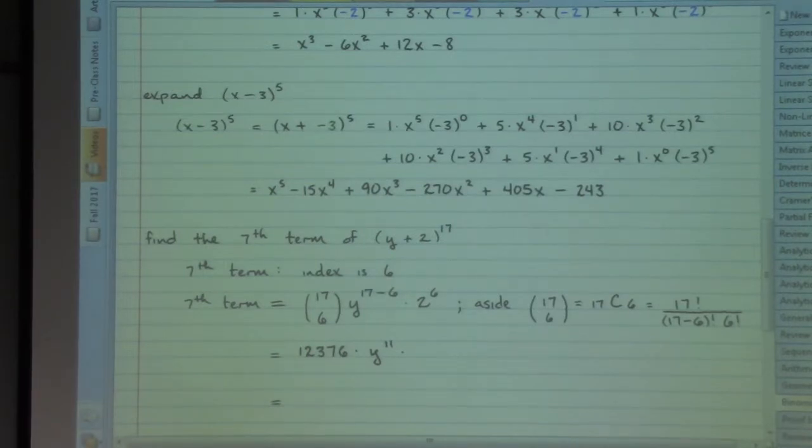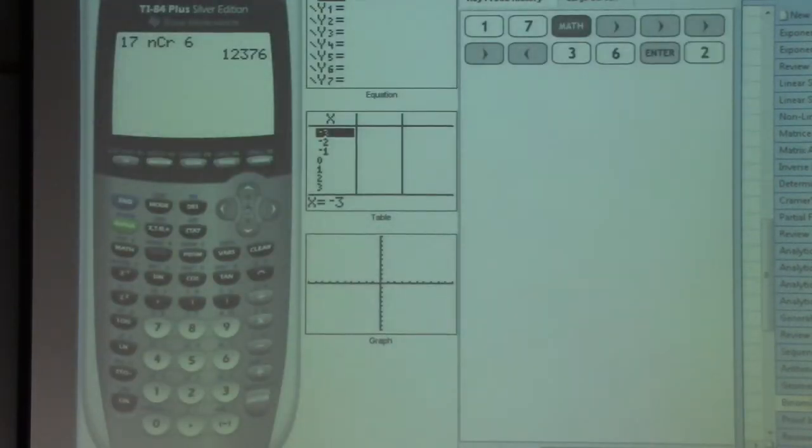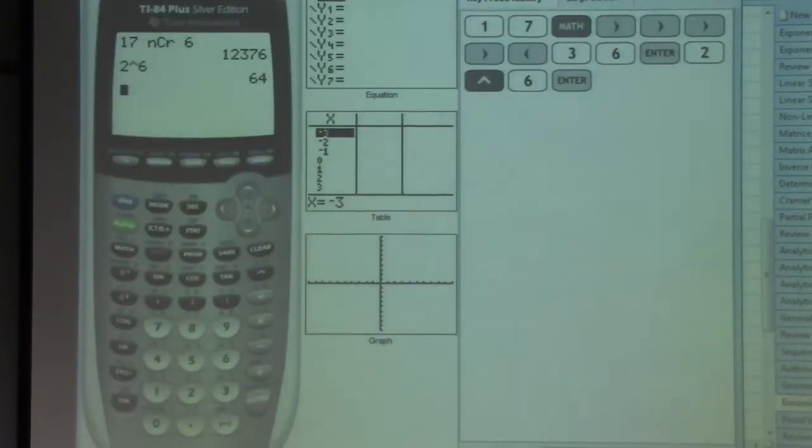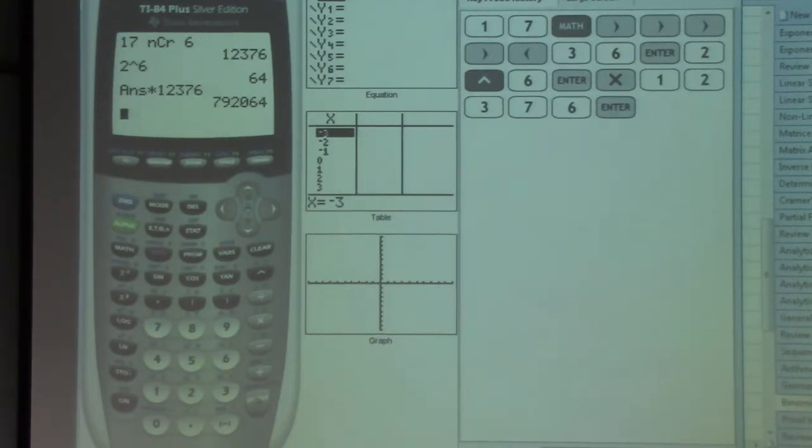And going back over to the calculator to have that crunch out 2 to the power of 6 is 64. We would now need to do that 12,376 times the 64. That gives 792,064.